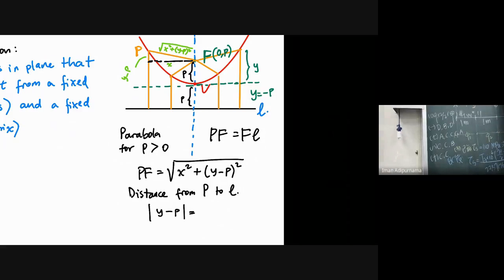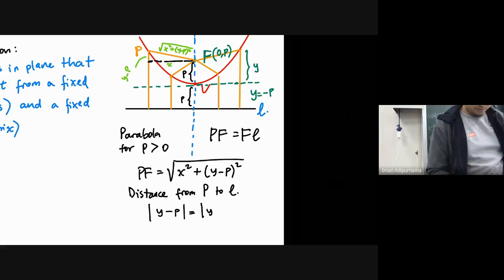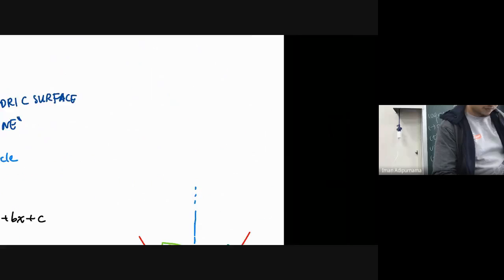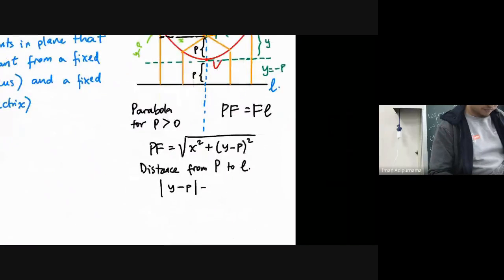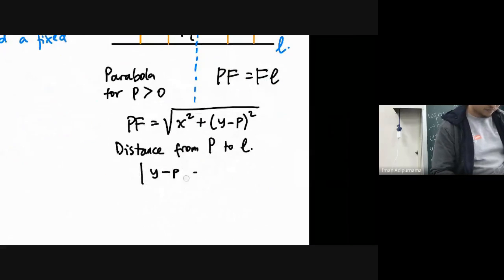From this y and plus this minus b, that is the absolute value because it's distance. So this should be y plus b.